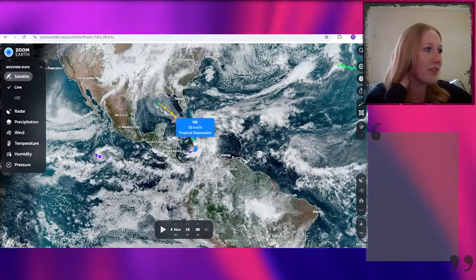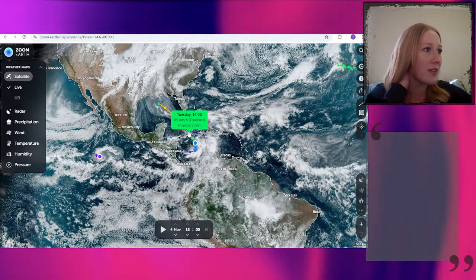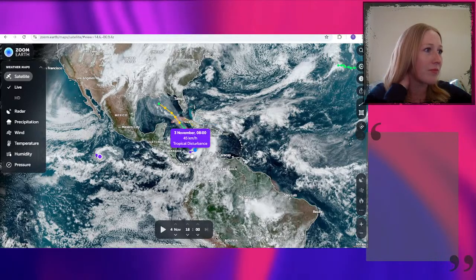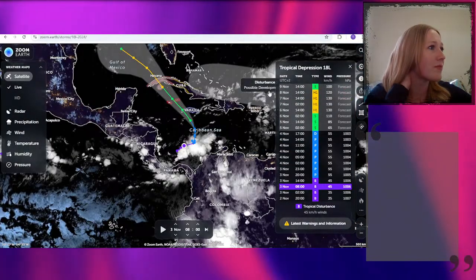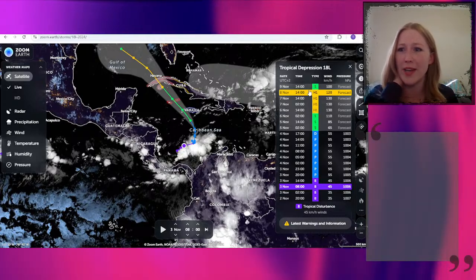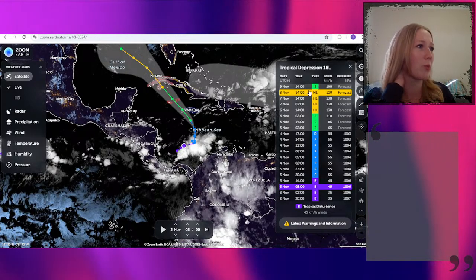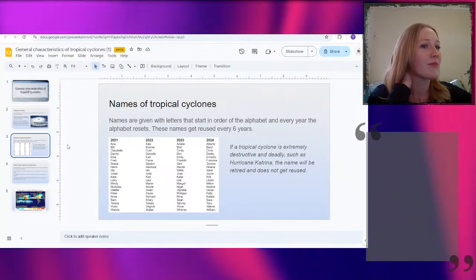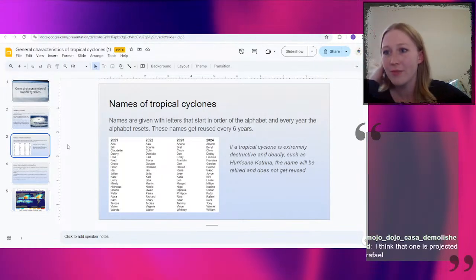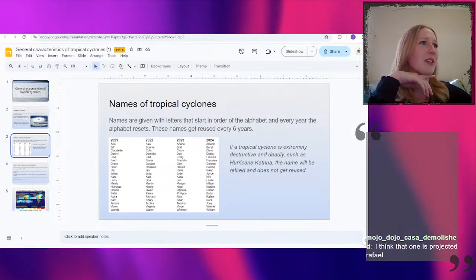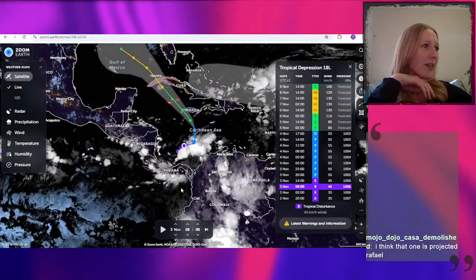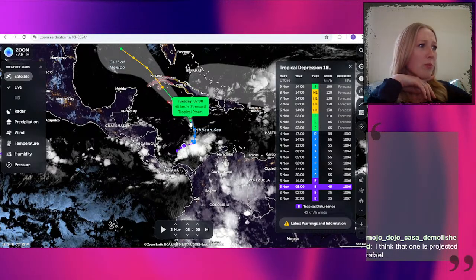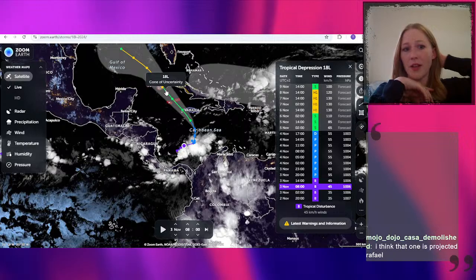Oh, unless this one's supposed to become Raphael. Yeah, it doesn't seem like this one has a name yet, but this one would probably become Raphael then. Okay, but that's good. We actually found it. Yeah, that makes sense, because it looks like it's escalating quite quickly. If that's where it is now, it's a tropical depression now, so it probably will turn into a hurricane in the next few hours.